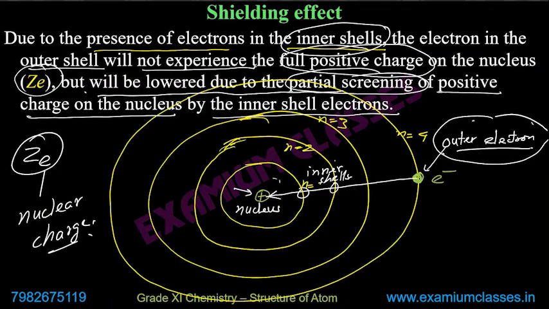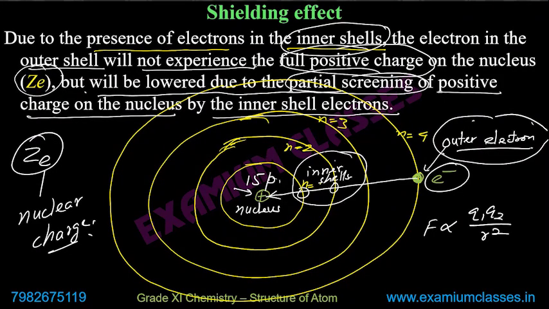Okay. So what it means? It means that suppose earlier I had 15 protons here and 1 electron here, outermost electron one. So there will be some force of attraction. If I apply normal formula, force will be proportional to Q1 Q2 by r square. Charge 1, charge 2 divided by r square. You should have studied this in physics. But suppose due to the inner electrons, this force is reduced.